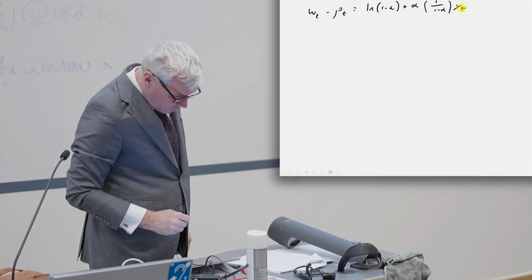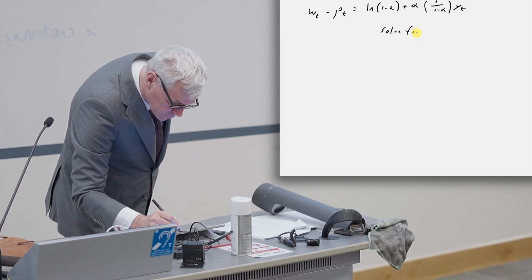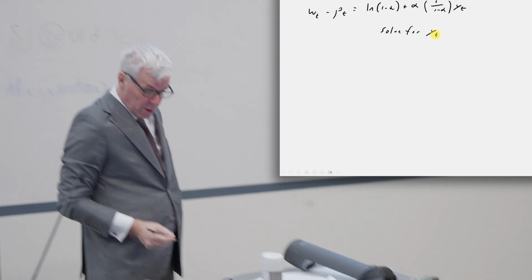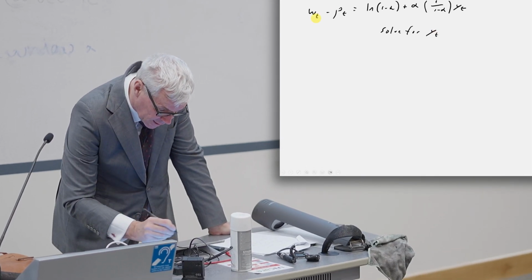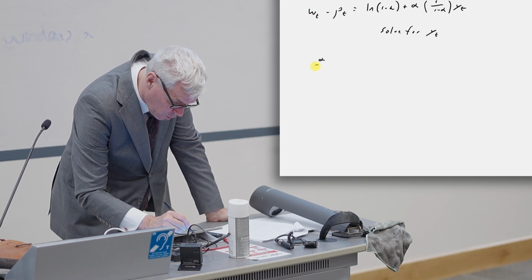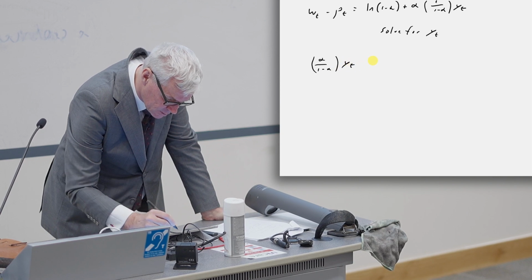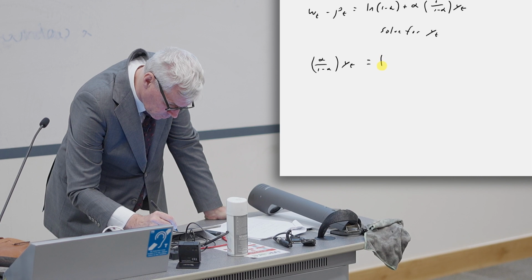I haven't done anything to it other than combine it with this other equation. And now I can solve for y. Right, so I do that by putting all this other stuff on one side. So I'm going to have alpha over 1 minus alpha times yt is equal to Wt minus Pt.